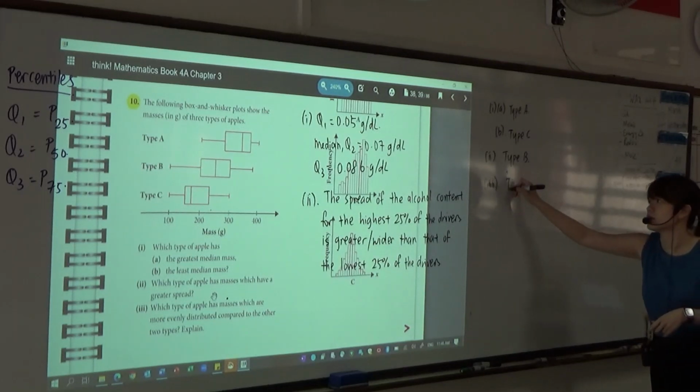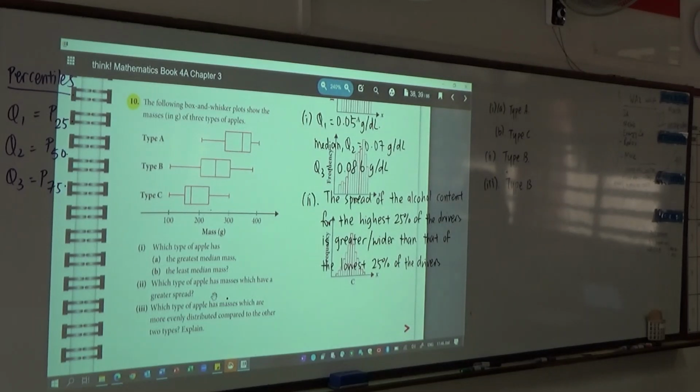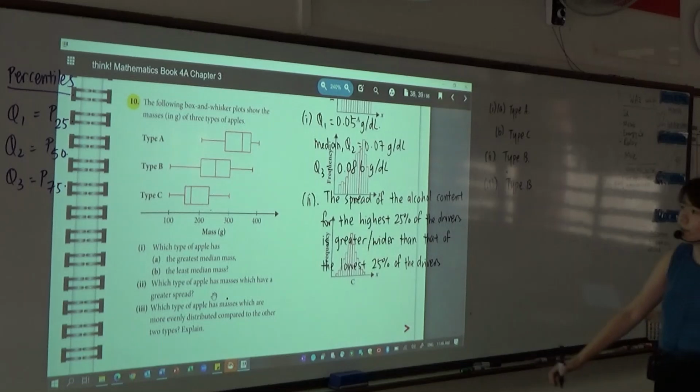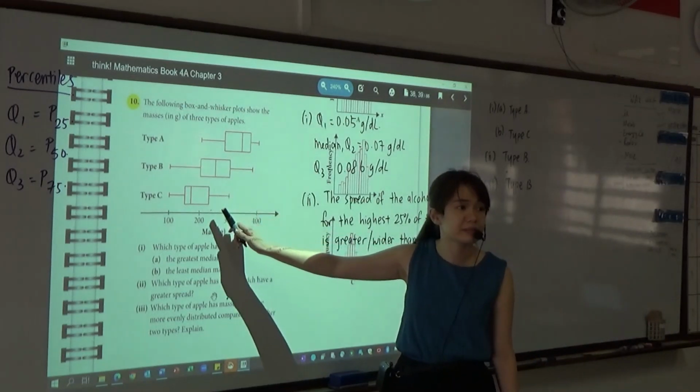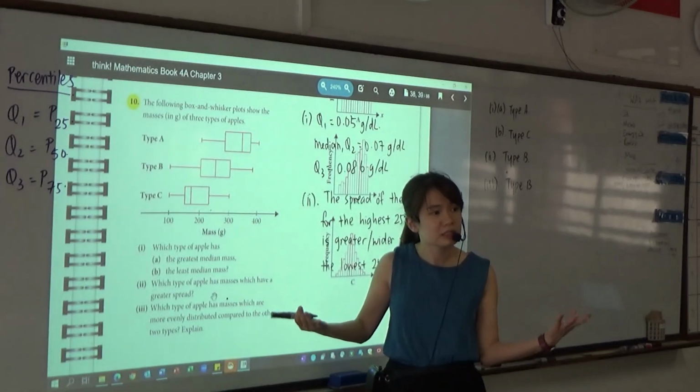So why? How will you explain it? The median of type B is about 250 grams, so therefore it is more evenly distributed.